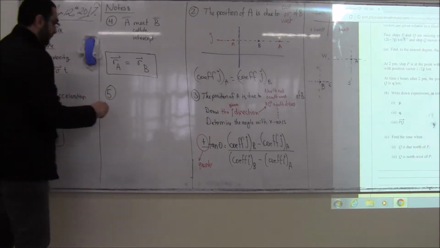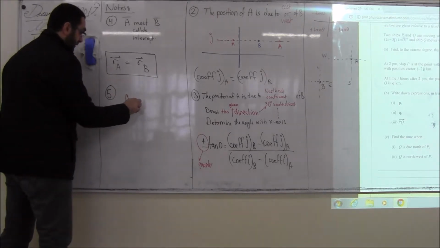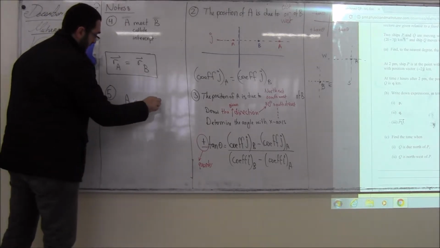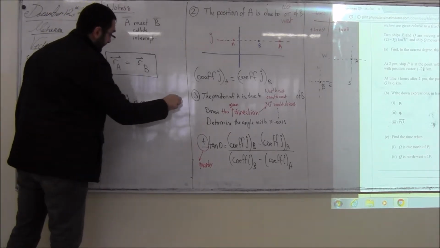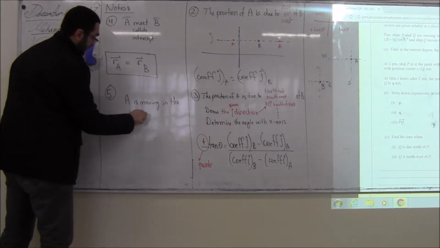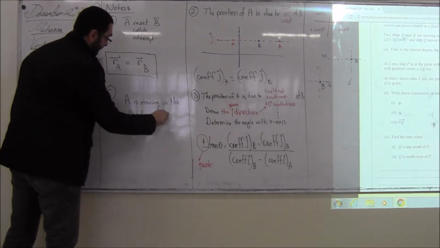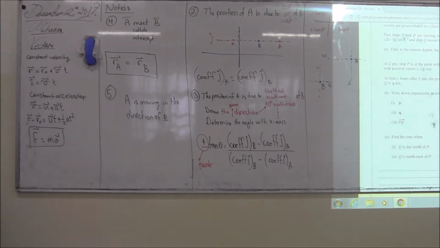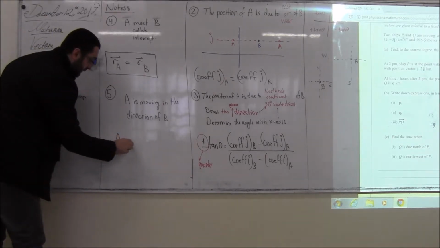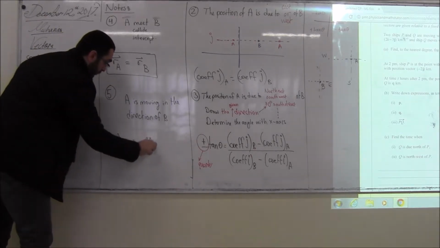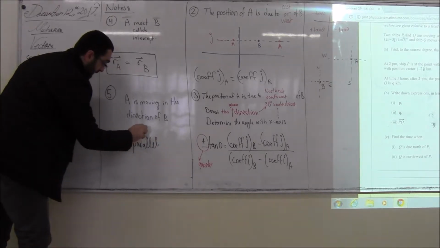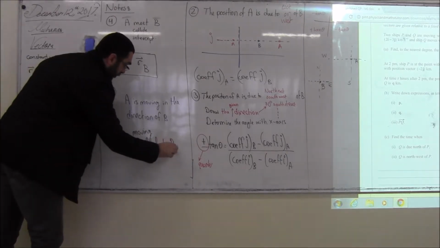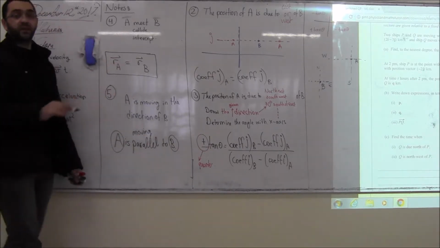The fifth one, look here please. Let's say it is mentioned that A is moving in the direction of B. What does this mean? In the direction of B means A is moving parallel to B. And you know how to find the parallel, we talked about that before.